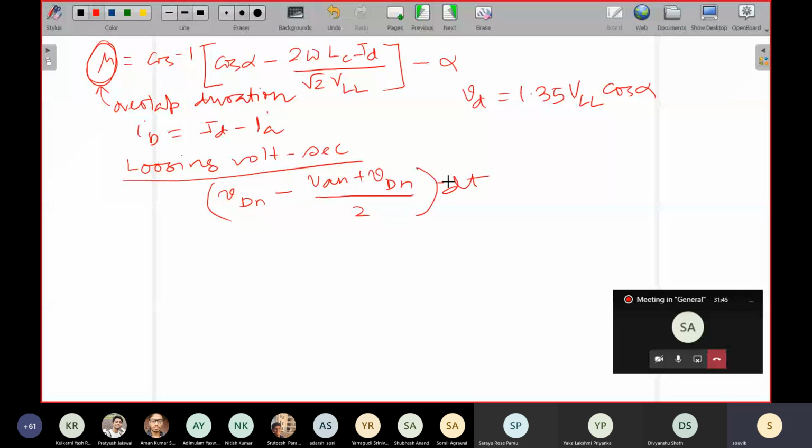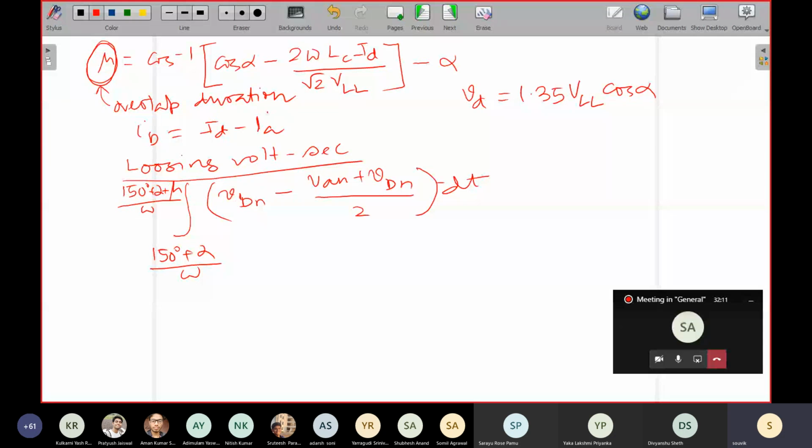And how much time is it happening? It is happening for the duration, writing in terms of angle, from 150 degree plus alpha to 150 degree plus alpha plus mu, divided by omega. So this is the volt second.